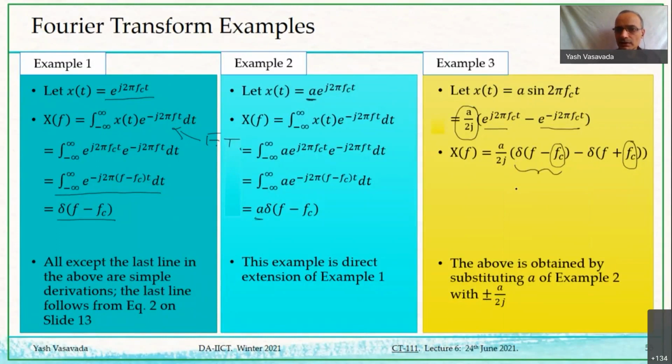This is located at f equal to f of c. This delta function got shifted to the left by f of c, and so this is located at f equal to minus f of c.